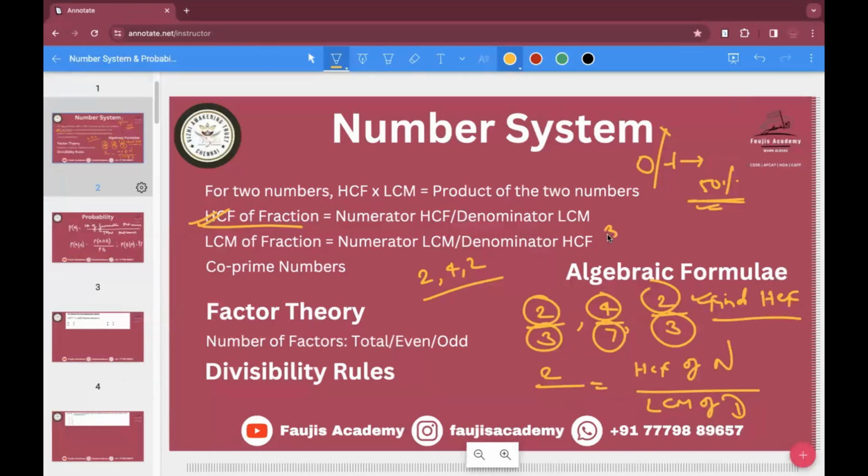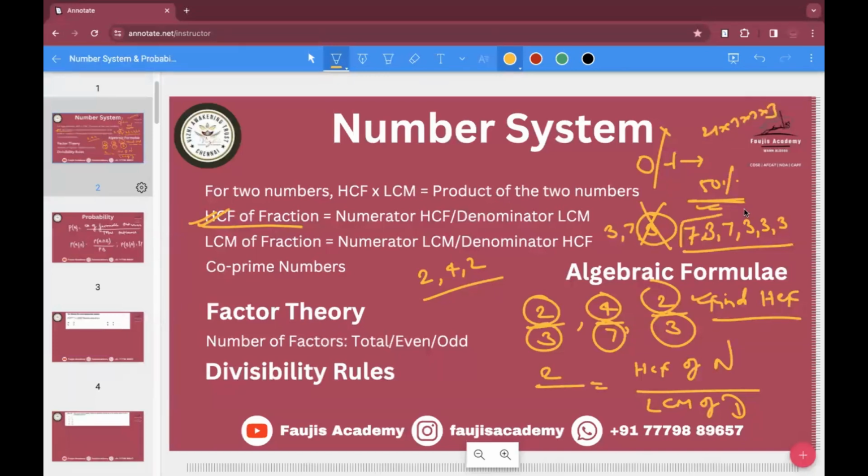Harishri, what is the LCM of 3, 7, and 3? Will this 3 make any difference? No, it won't make any difference. Right. If I ask you what is the LCM of these numbers, will we have to multiply 28 into 3 into 3 into 3?